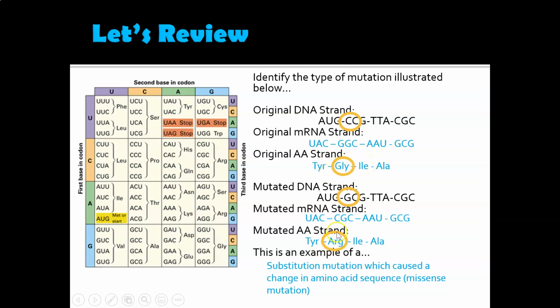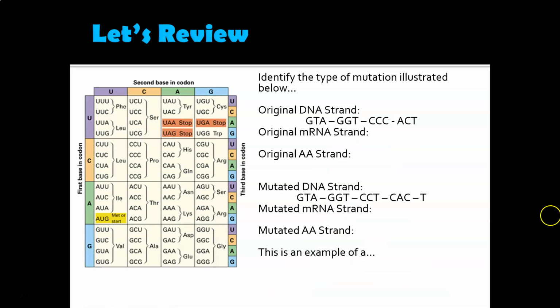As a result, I now have an arginine, or ARG. So a single base got swapped, so that's where that substitution piece comes from. But that swap does also result in a change in the amino acid sequence, hence, more specifically, it's a missense mutation.